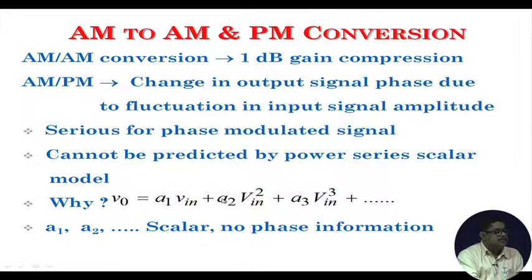But even if we make them vectors, then Vin we should consider as a phasor with both amplitude and phase.